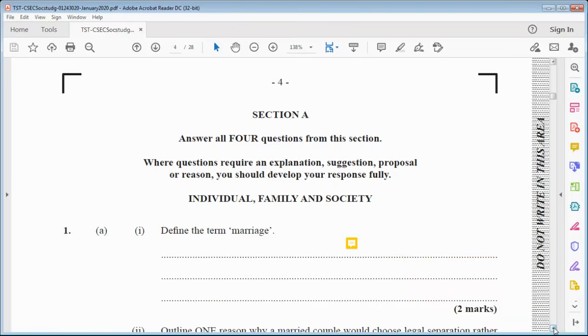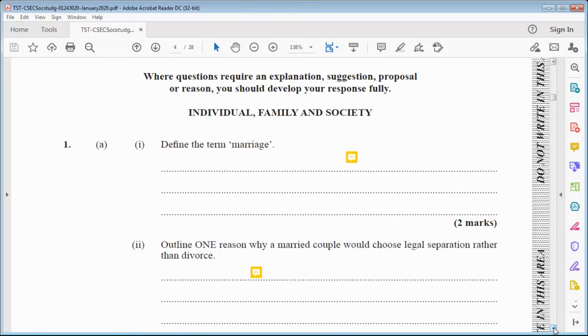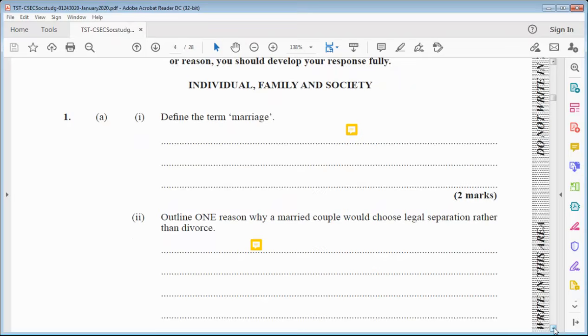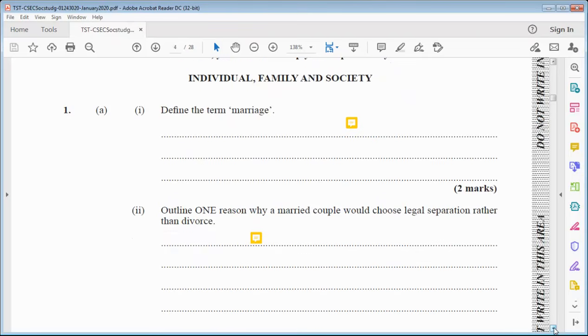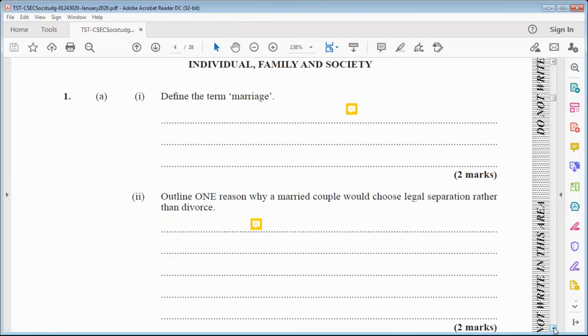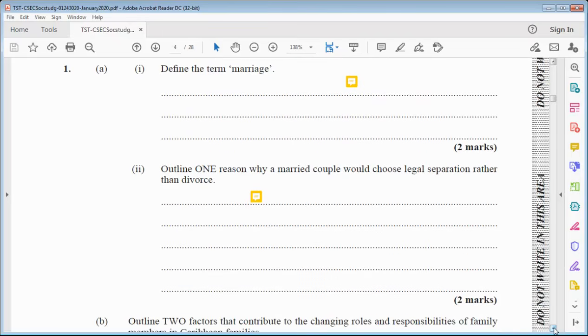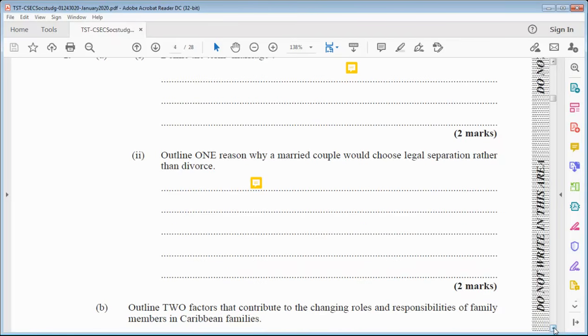Let's move on to our next question, 2I to question 1, and you'll get 2 marks for that explanation of a marriage. The second part says, outline one reason why a married couple would choose legal separation rather than divorce.